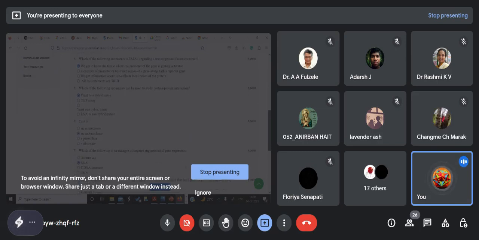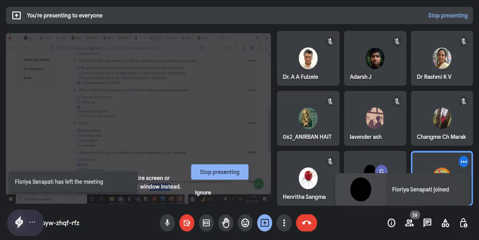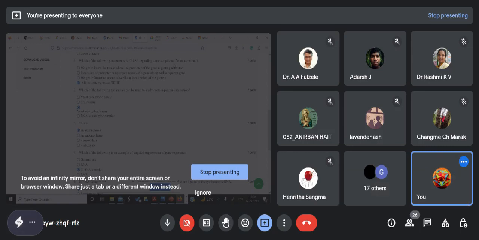Which of the following statements is false regarding a transcriptional fusion construct? Here it is the transcriptional, not the translational. Whenever we talk about transcriptional, there's something called the promoter.